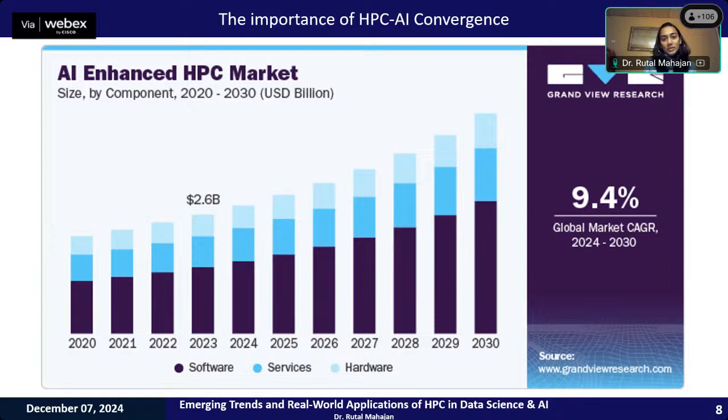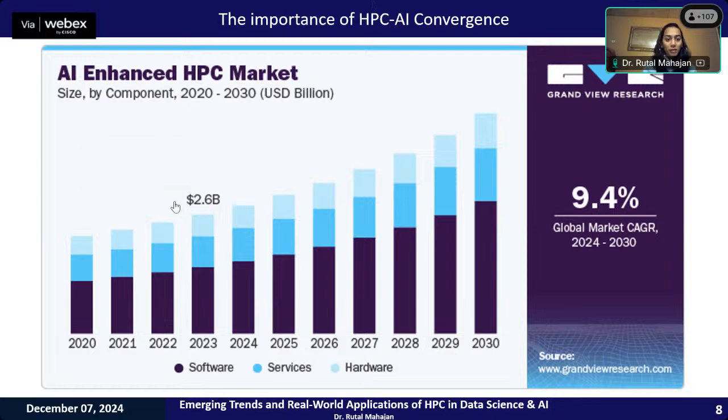The importance of this convergence we can see from this graph, which shares insights on the global AI-enhanced HPC market: from 2020 to 2030 it will be increasing by 9.4%.